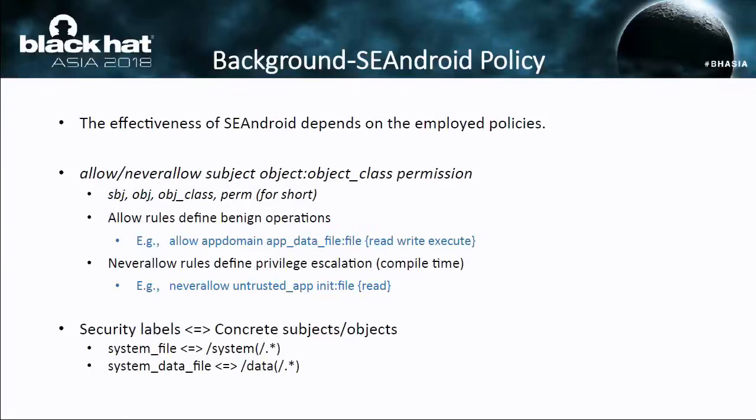For both rules, we refine the rules into four fields, and in this presentation we will call them subject, object, object class, and permissions. Later, the short names will also be used in my presentation.